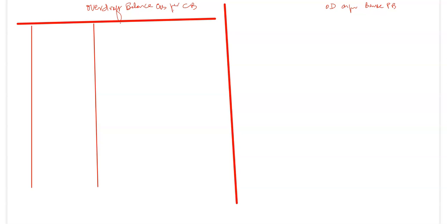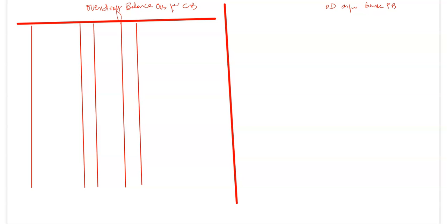Then cash and the bank column. Similarly, on the credit side, I need to record the date, particulars, cash, and the bank balance.